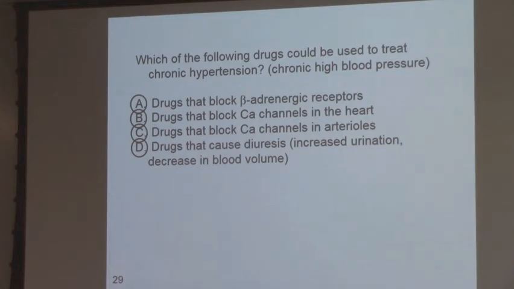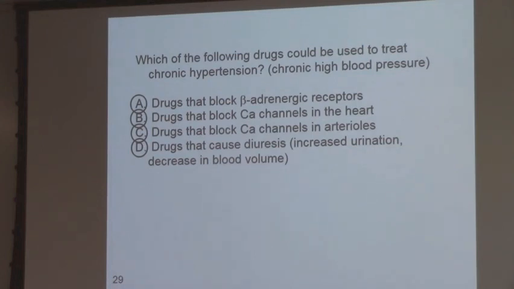Blocking calcium channels, lowering heart rate, lowering stroke volume, lowering vasoconstriction would all lower pressure. Is that clear? Remember, calcium channels participate in the rate, calcium channels participate in the strength, and calcium channels participate in vasoconstriction.